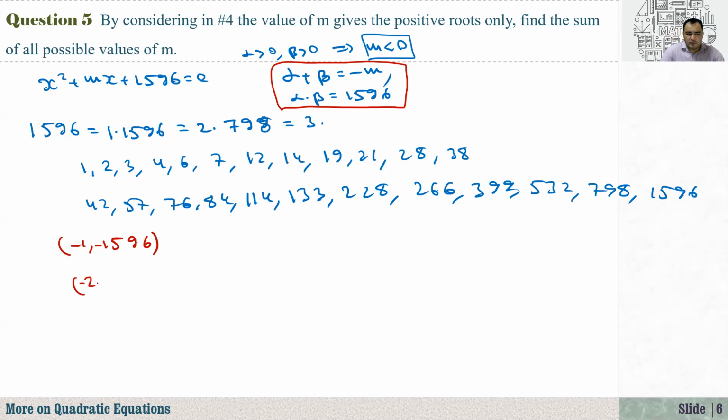Another one is minus 2, minus 798. And minus 3, minus 532. And minus 4, minus 399. Then 6 and 266, 7 and 228, 12 and 133.